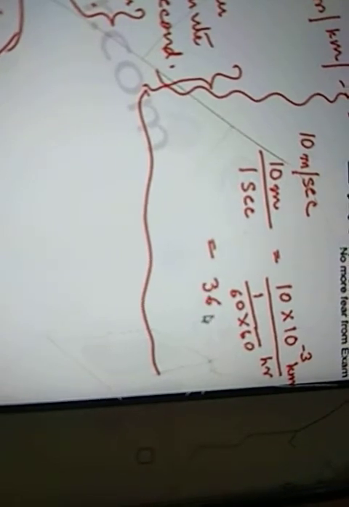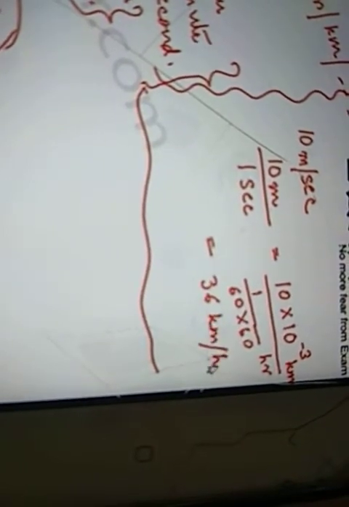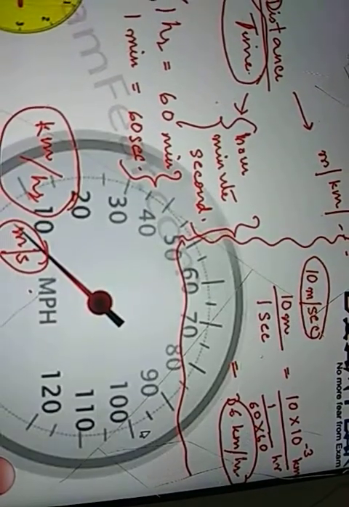When you calculate this, it comes out to be 36 kilometer per hour. So basically 10 meter per second is equal to 36 kilometer per hour.